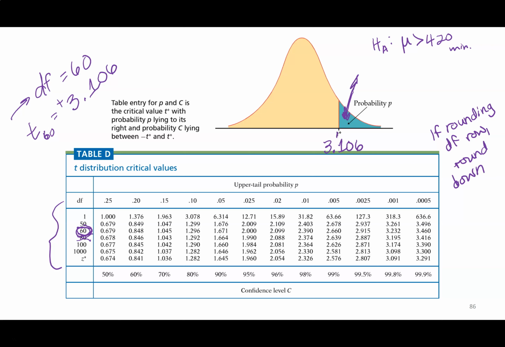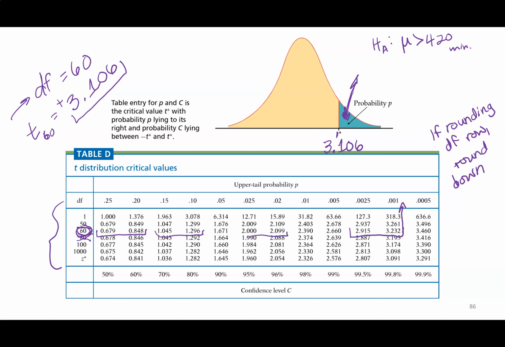So what I want in this row is I want to find where 3.106 lives. If I'm looking between these two numbers, no, 3.106 is not between those two numbers. It's not here. It's not here. Look in here. It's between these two numbers right here. Right? So 3.106 is between these two numbers.